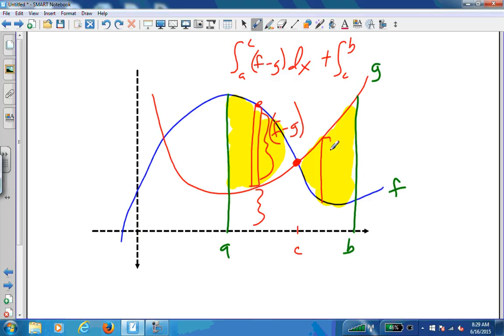And if we draw our sample element, the length of this is the top one minus this part. So g minus f. So we always have to be aware of which function's on top, which function's on bottom when we set up our integral.